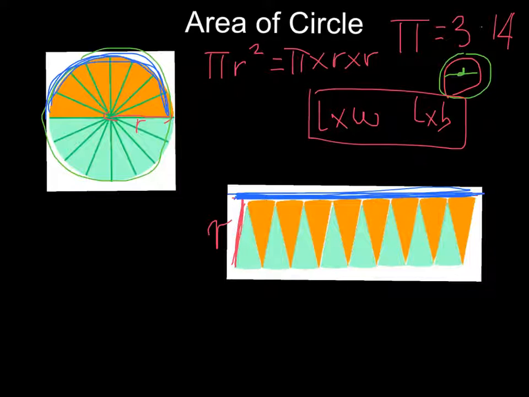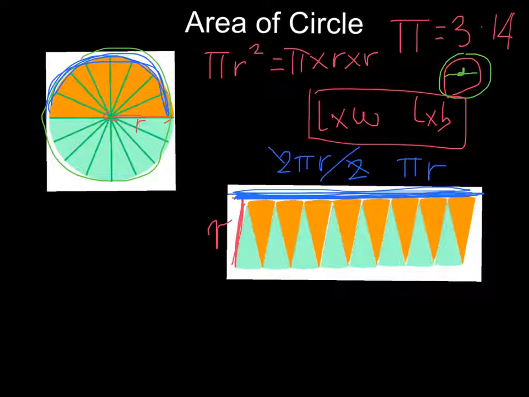The circumference formula is 2 pi r, which would give us the whole circumference, but we only want half of that. So if we halve 2 pi r, or divide it by 2, 2 divided by 2 is equal to 1, so that only leaves us on this side with pi times r.